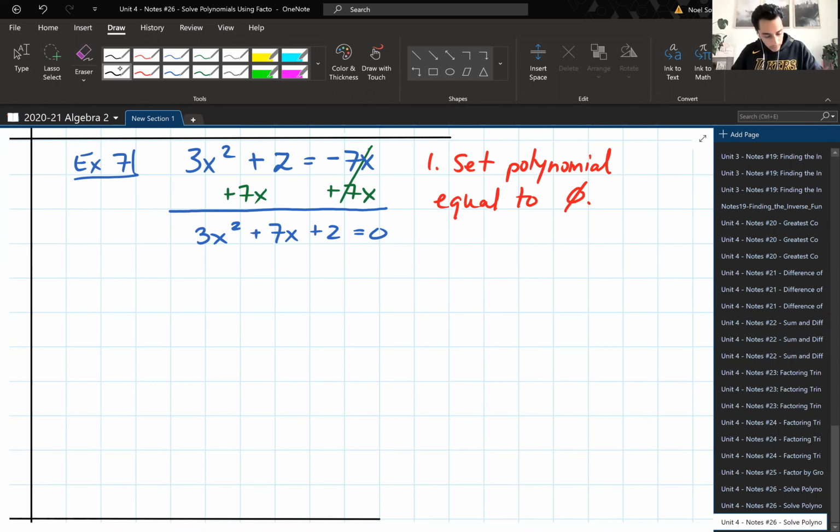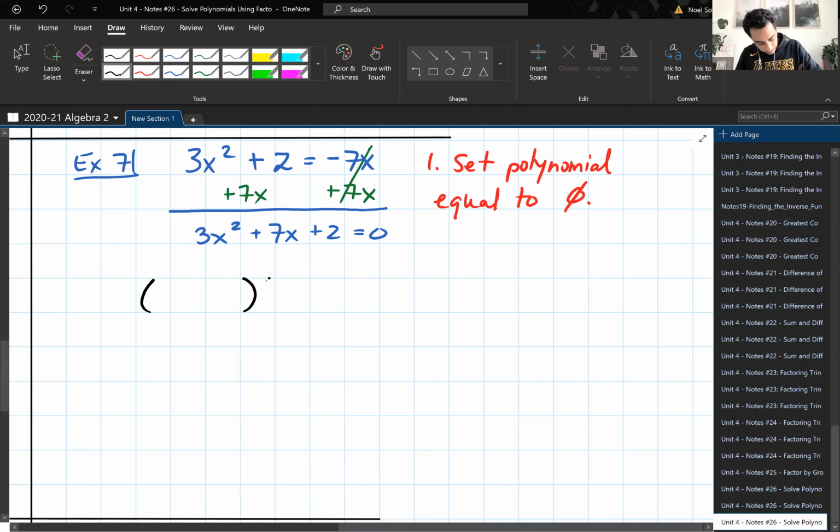In this situation, I don't have a GCF, so I just have to do a traditional or an X-box method. I can see that my factors are fairly simple because it's plus plus first of all. And the only factors for 3 are 3 and 1, so that's 3x and x. And the only factors for positive 2 are 1 and 2.